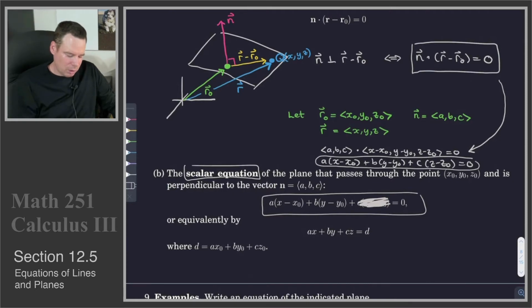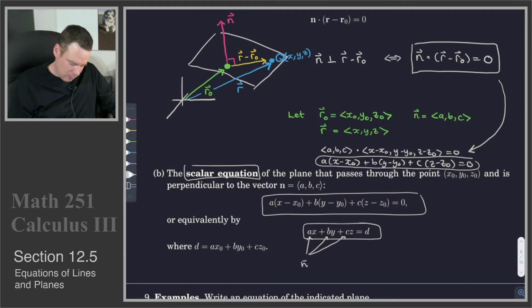When we go up a dimension, a linear equation in x, y, and z determines a plane in 3 dimensions. If we expanded this out and moved all the constants to the right-hand side, then we get this standard form for the equation of a plane. And from this, we can read immediately what the normal vector to the plane is. It's given by a, b, c.